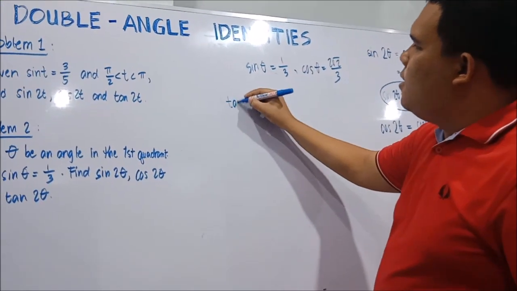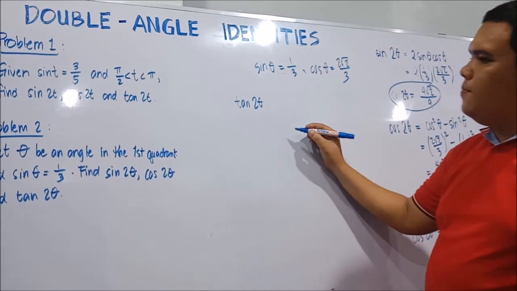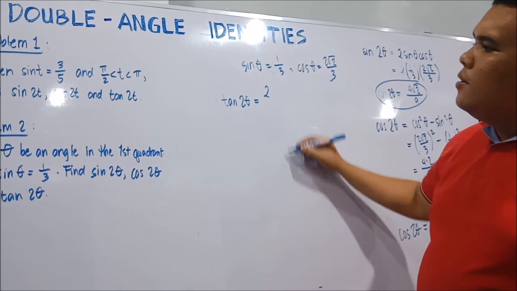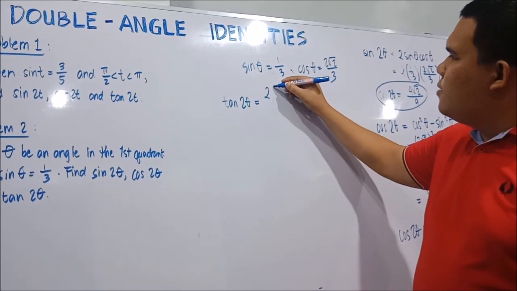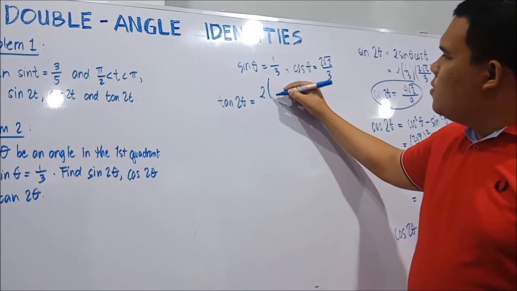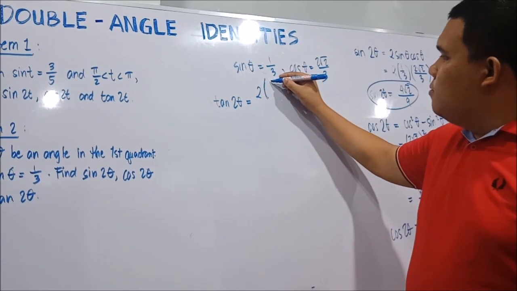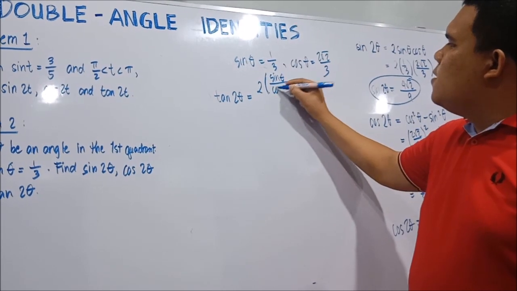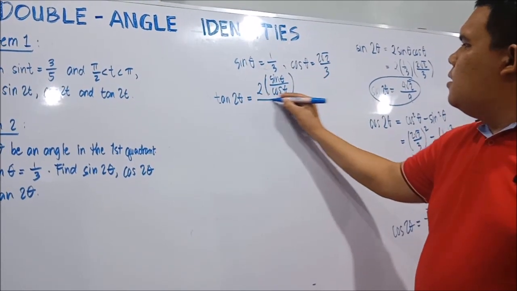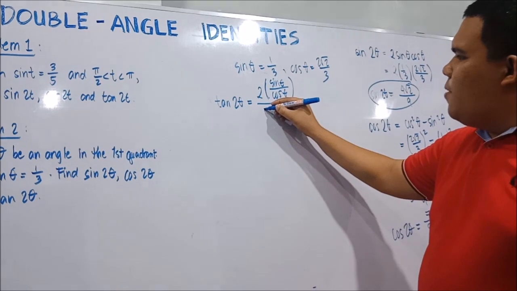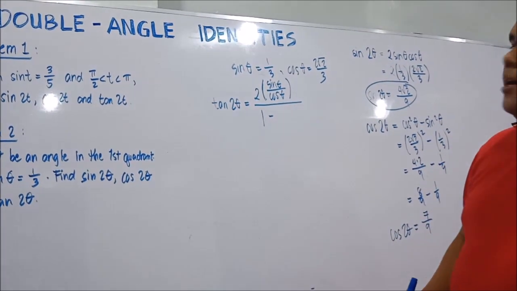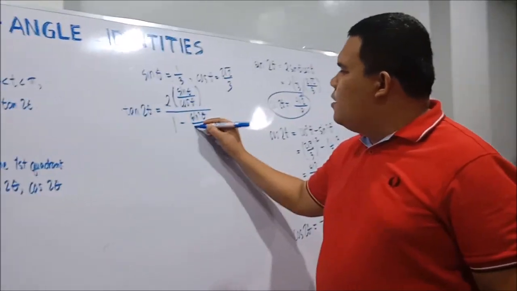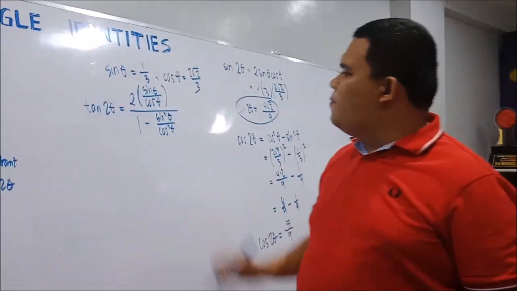So our tangent 2 theta is equal to 2 tangent theta, or simply you can write that as sine theta over cosine theta. This is tangent. And for the denominator, we have 1 minus tangent squared theta, or sine squared theta over cosine squared theta.